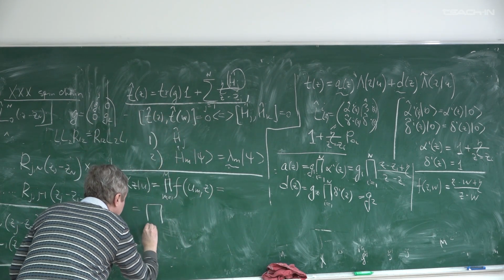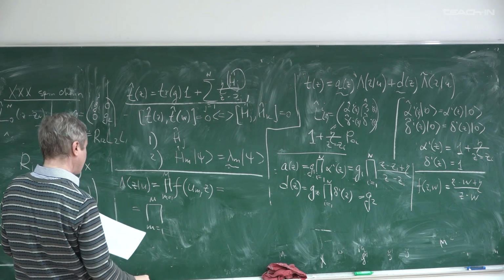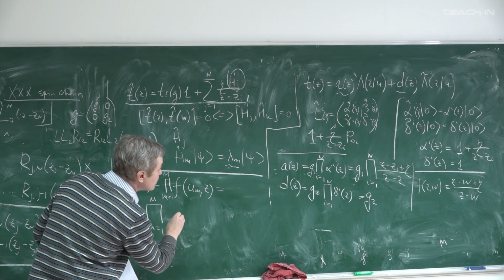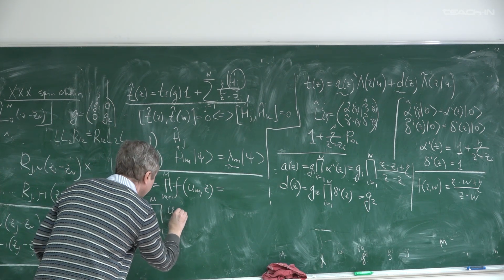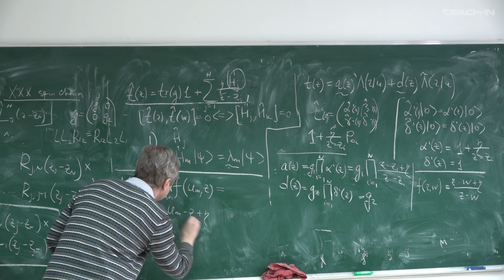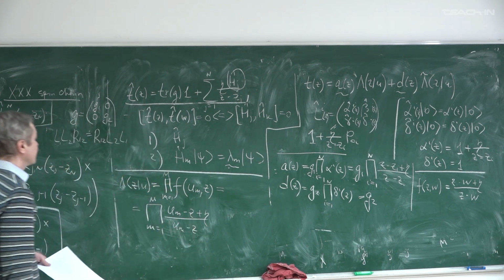This gives us a product from 1 to M of um minus z plus eta over um minus z.